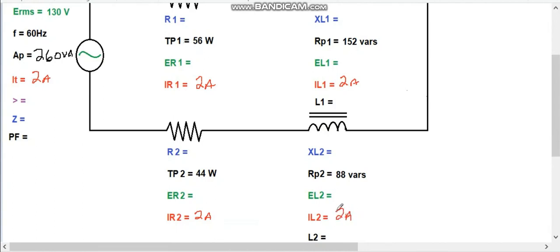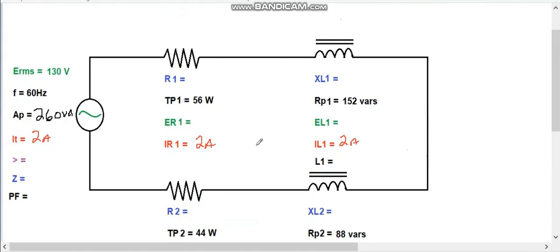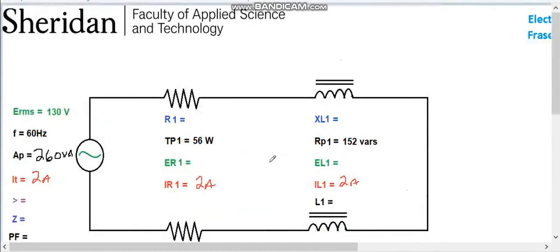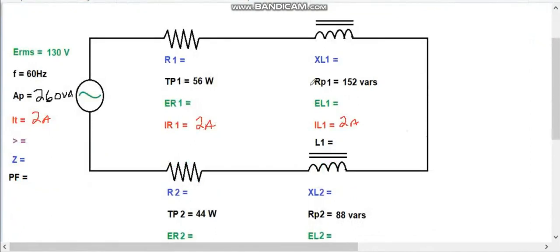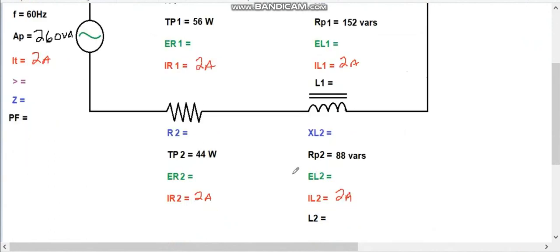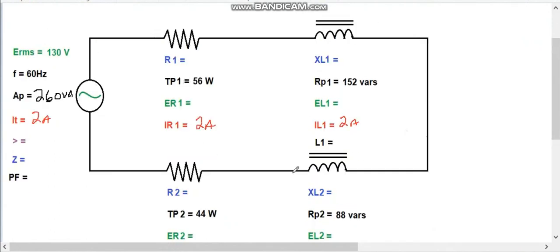Now we've got a lot more information to go by. So we could find our voltages. So we can find ER1, the voltage across resistor 1, resistor 2, and the voltages across the inductors 1 and 2 as well. So let's take a look at number 1.